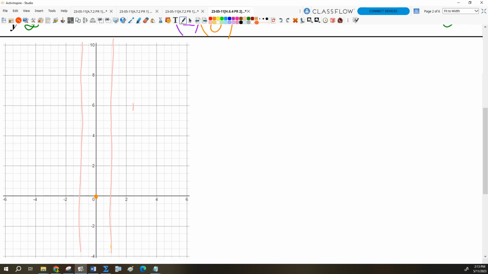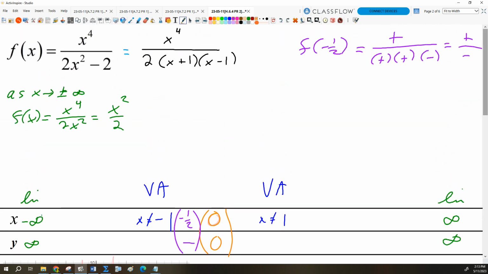So that tells us that this guy is doing that, right? I could do the same thing for positive 1/2. I get positive on the top, and positive times negative on the bottom, same thing.